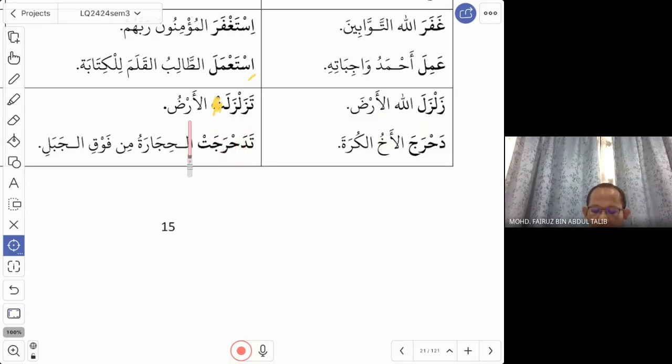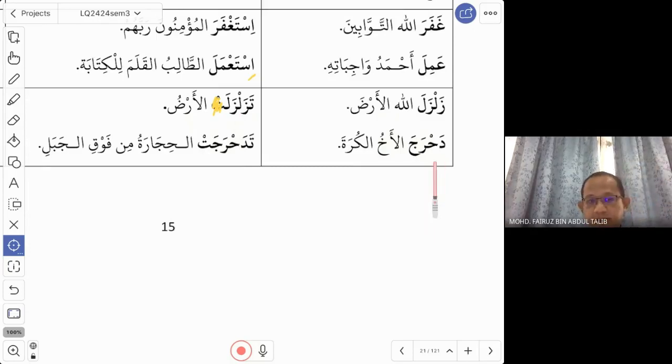Zalzala is to make it tremble, and since these are all original huruf, this is fi'l mujarrad. But when we look at tazalzala, we have this additional letter ta. So this is fi'lun mazid.